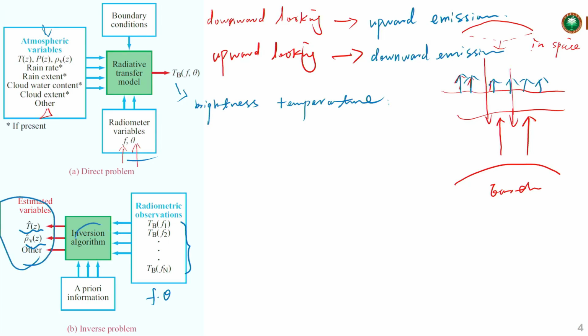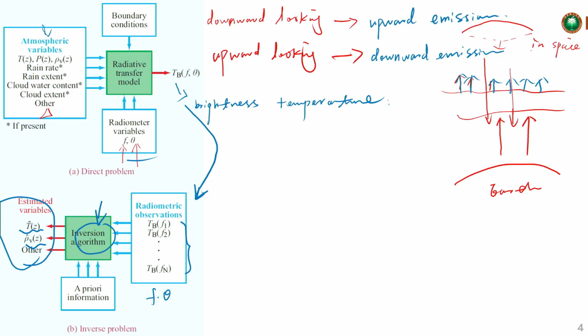So here we need an inversion algorithm, all right? This is how to obtain the estimated variables here. Here is the radiative transfer model inside the device. Or sometimes after our detection, we use some signal processing or algorithms for this part. When we get that, we put it as the input of the inversion algorithm, and then we get the estimated variables here.